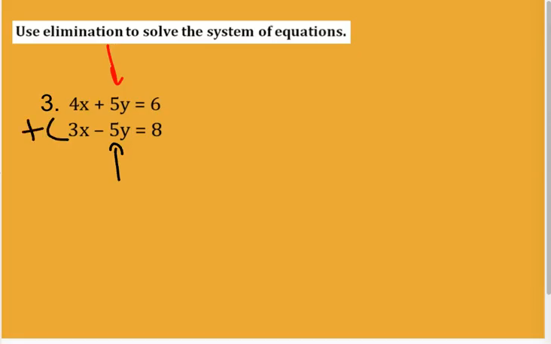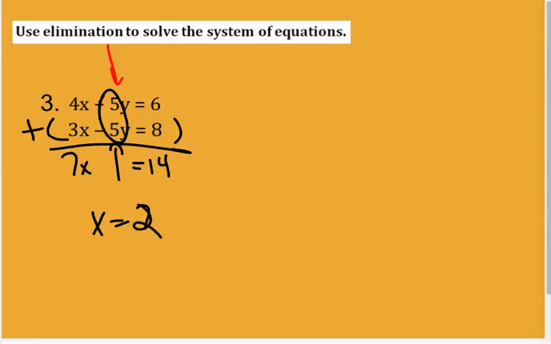So here you've got to get this kind of situation where you've got positive 5y, negative 5y, because if I add these two things, I should get 7x. This goes away. It's going to equal 14. So a little algebra, x equals 2, not 7, 2. So then put this back into one of these, I don't care which.